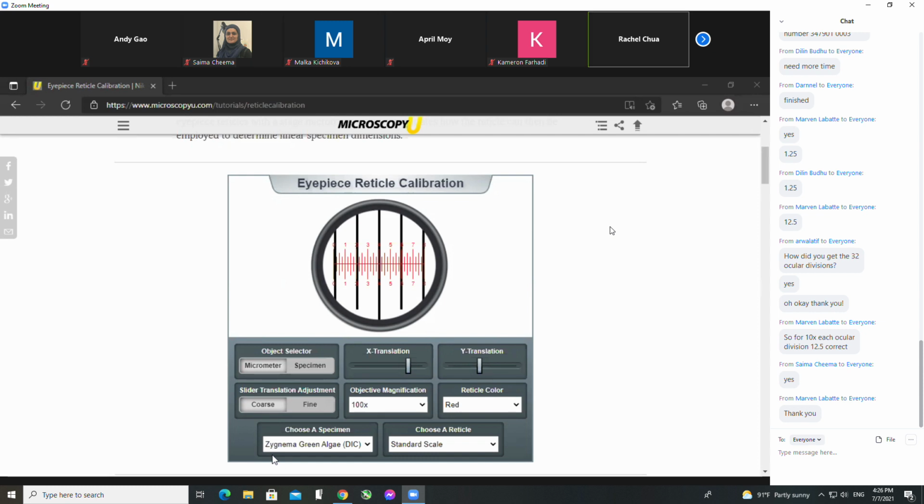Professor, can I ask you something? Yeah. For the ocular micrometer and stage micrometer, why is it called a micrometer, but the unit you said is millimeter? Because it's a microscopic ruler, so we call it a micrometer.